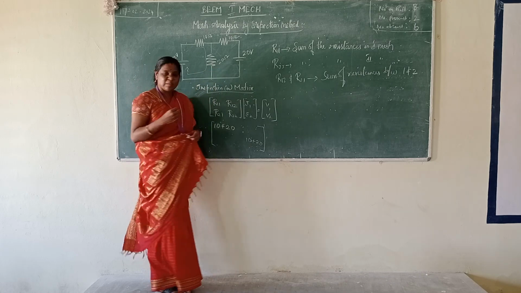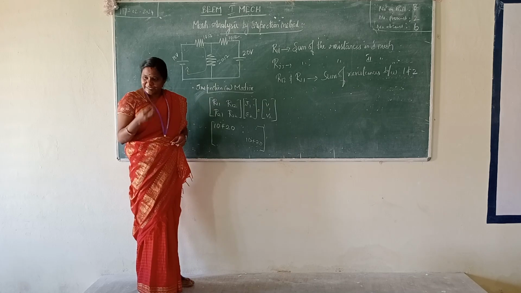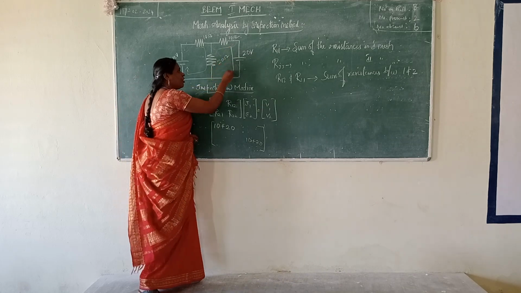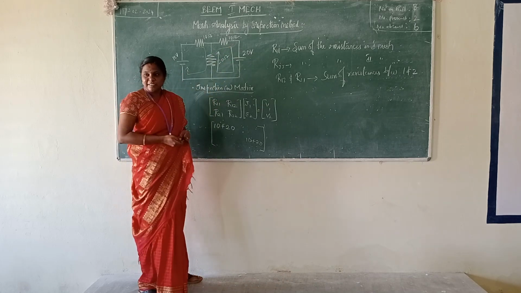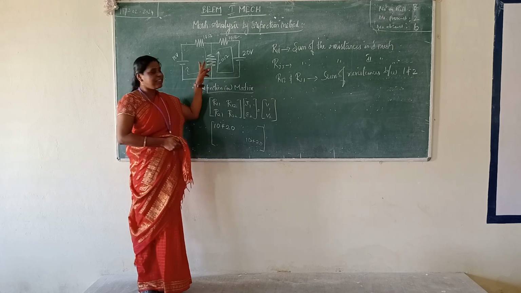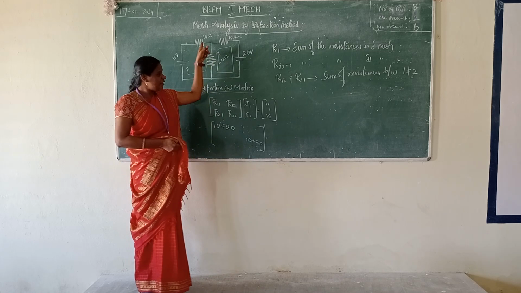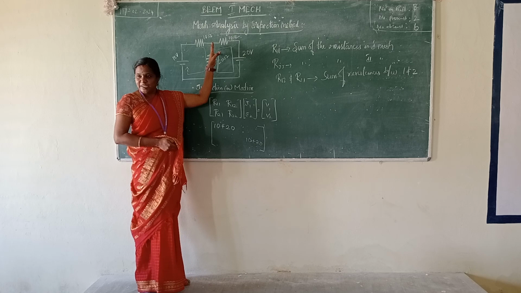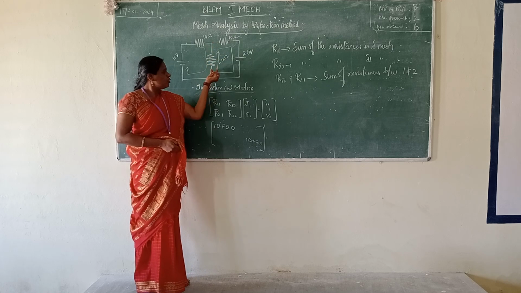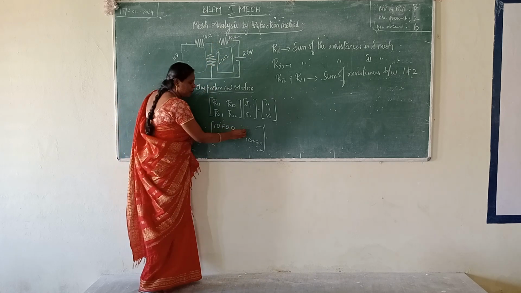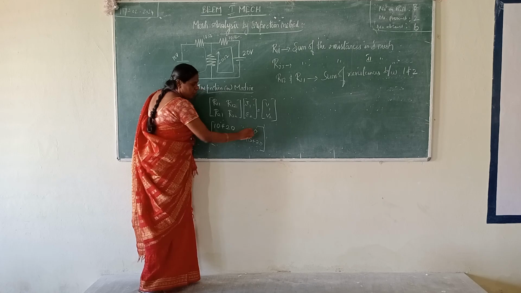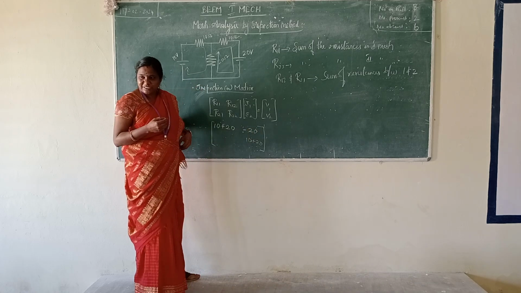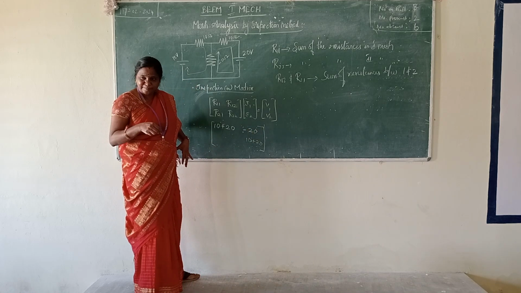It is 20. Since the mesh currents are always in the clockwise direction as mentioned, we know this is clockwise. In this resistor there are two currents flowing, one in and one out, as we saw yesterday. So for this resistor alone we should put minus 20, because both currents are flowing in opposite directions in that resistor.